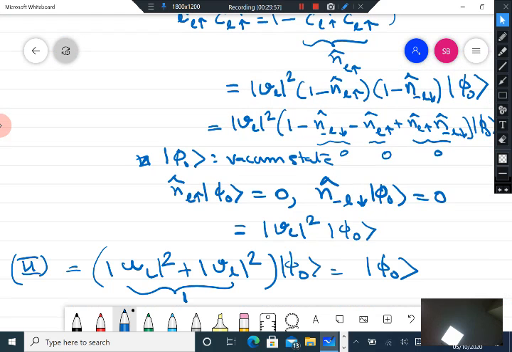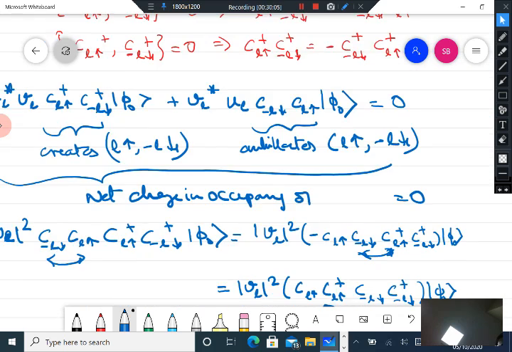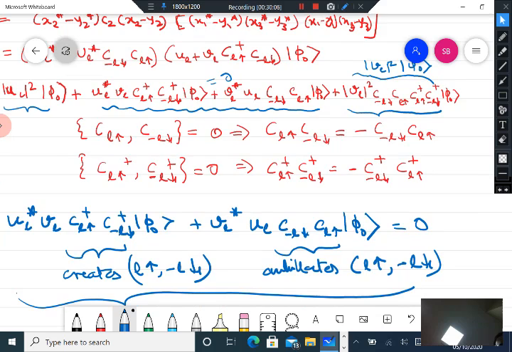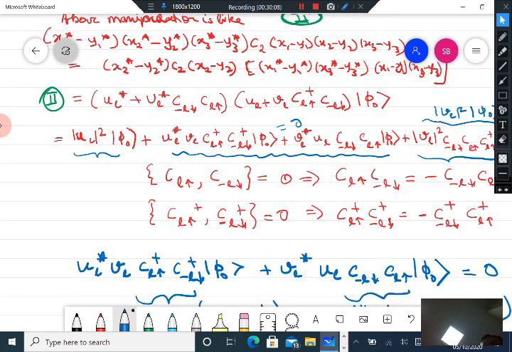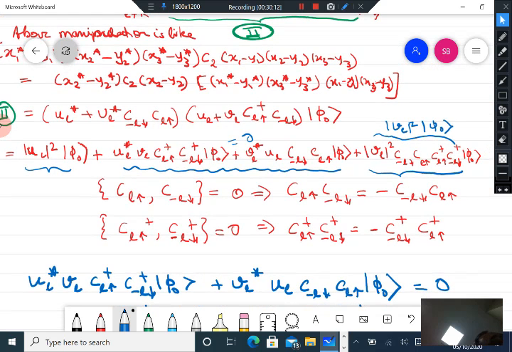So the term 2 in your expression will just equate to phi naught.